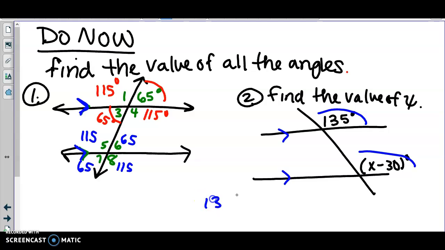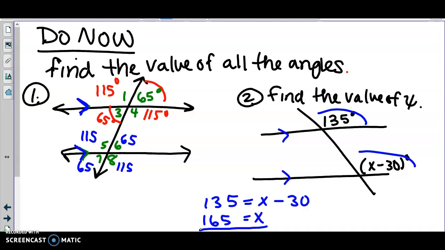So we are going to set 135 equal to x minus 30. So x is going to equal 165. Apparently, Smart Notebook doesn't want to write that way. Weird. Okay. I'll just underline it, 165.